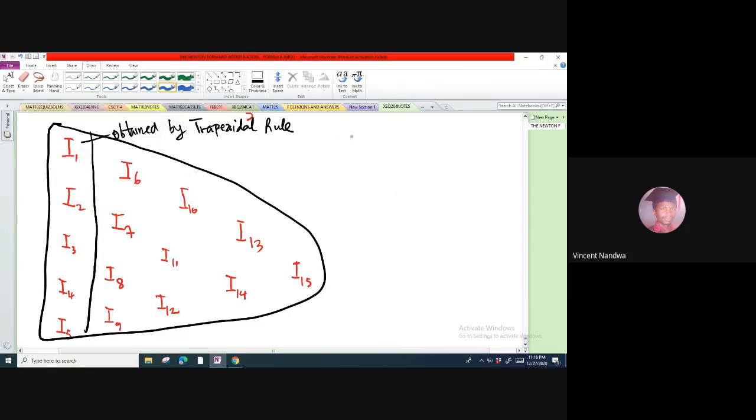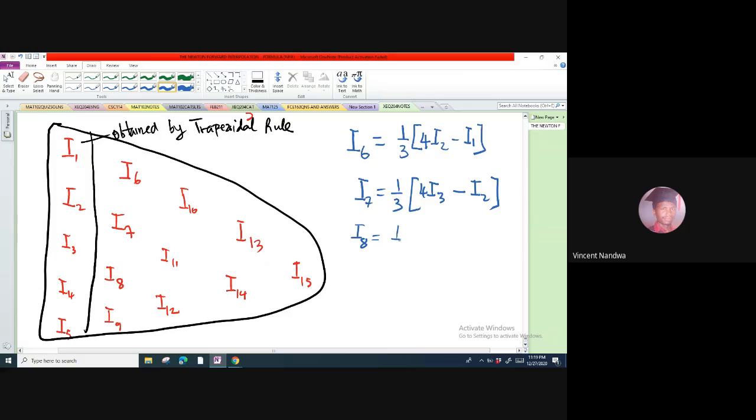To define I6, it is a third into 4 times the lower one, 2, minus the upper one, 1. I7 will be a third into 4 times 3 minus 2. I8 in this scheme will be a third into 4 times 4 minus 3.